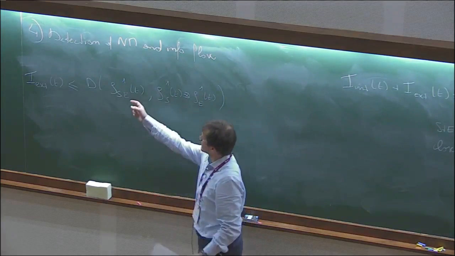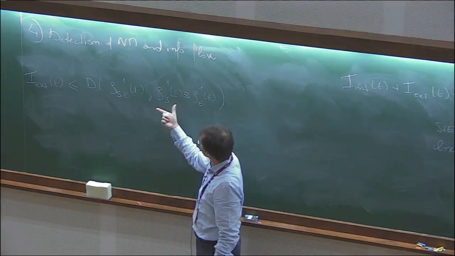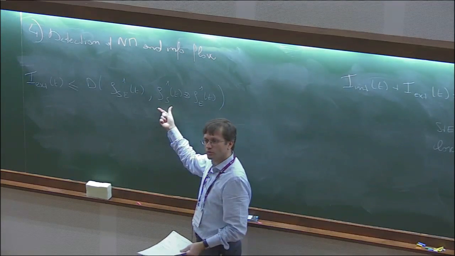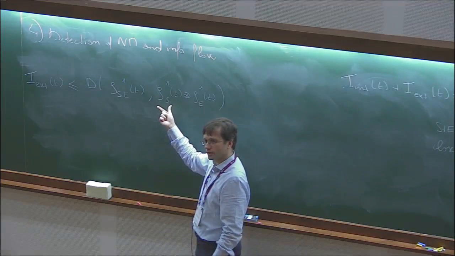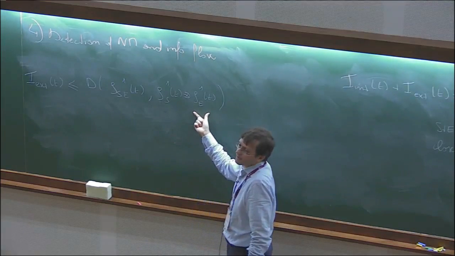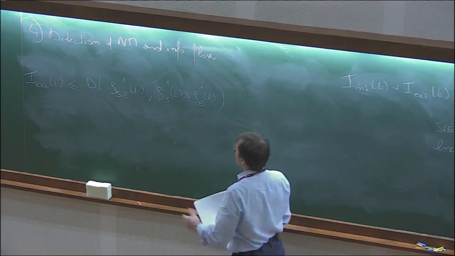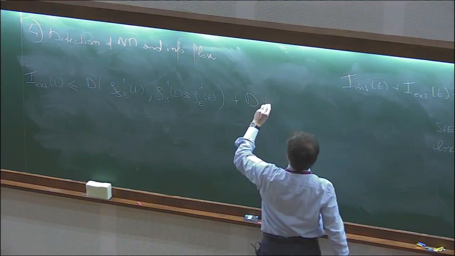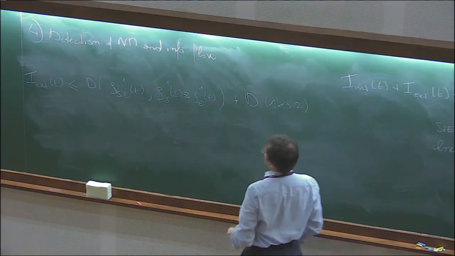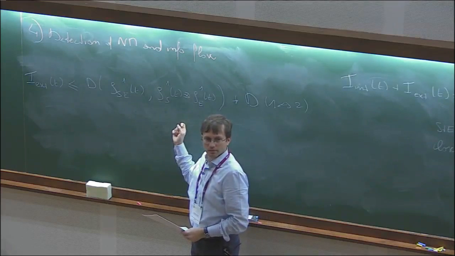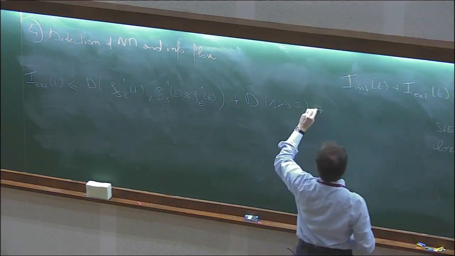So this is the state at time t for system and environment. These are the marginals, so you trace over the environmental degrees of freedom, so this is the reduced state for the system, and this is the reduced state for the environment.